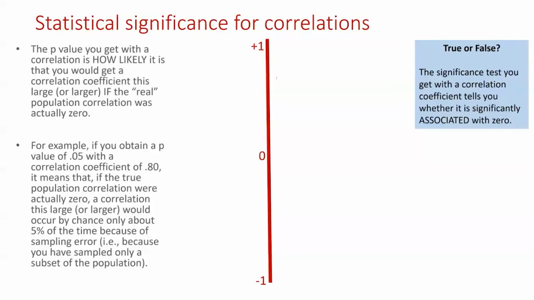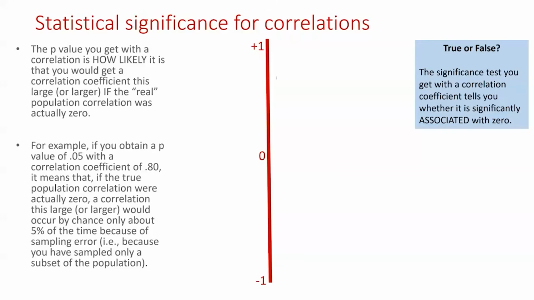Now let's talk about the significance test that comes with a correlation when you run it in something like Jamovi. When you run a correlation, you'll get the correlation magnitude itself, the estimate of that based on your sample, and you'll get a p-value. And the p-value is basically telling you how likely it is that you would get a correlation this large if the real underlying population correlation was actually big fat 0.